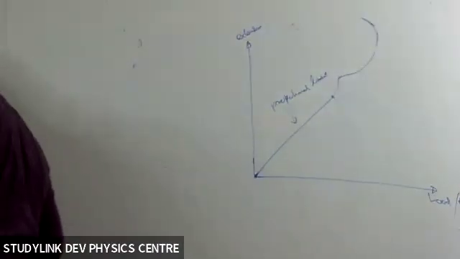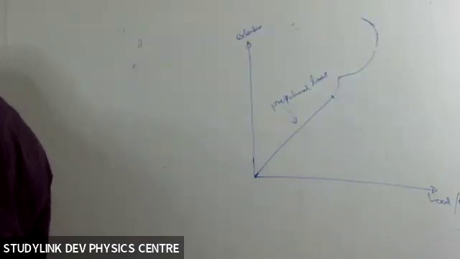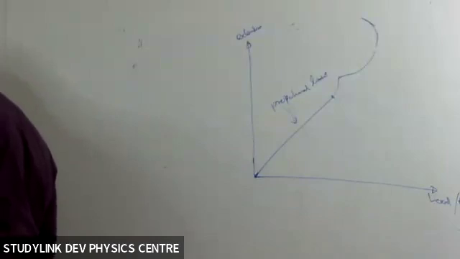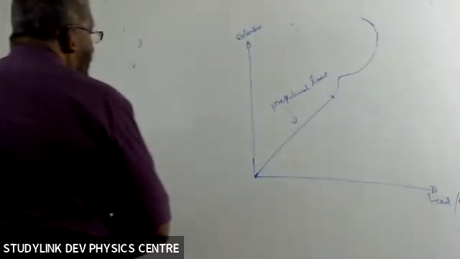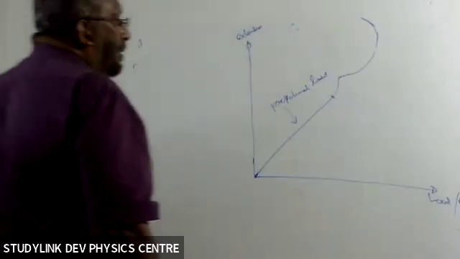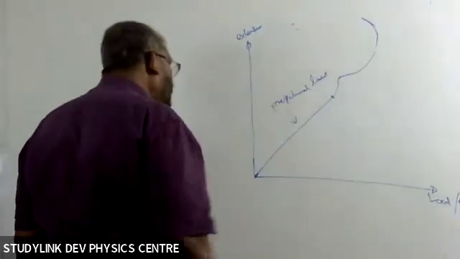Draw up to that. Up to this point is a straight line. After that I'll explain the regions.